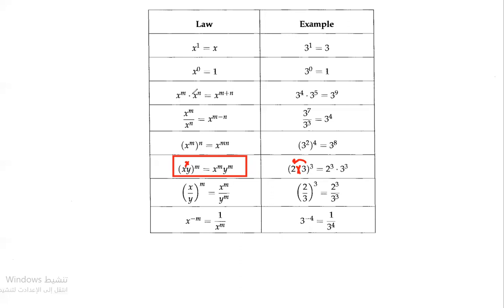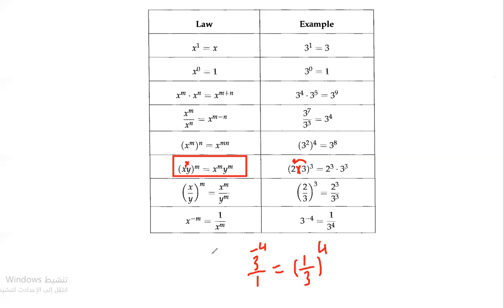It is very important for me to know the negative exponent. If I have a negative exponent, what do I do? You flip the fraction or you flip the numbers. That means if I have a negative, I convert it to positive. For example, it gave us 3 to the power minus 4, here the denominator is 1. To convert this negative to positive you flip the fraction, it becomes 1 over what? Over 3 to the power 4. Is it clear, Zainab?